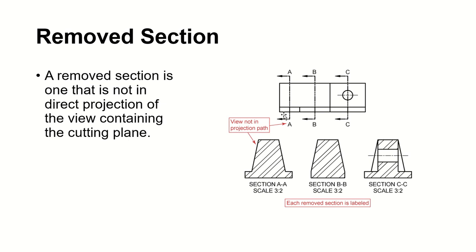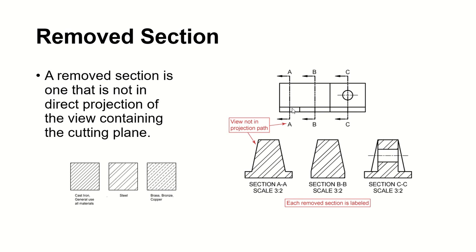The very first part is like this. It's a little bit difficult for you to see because you're looking at it from the right side, straight like that. So here, your view is not in your projection path.